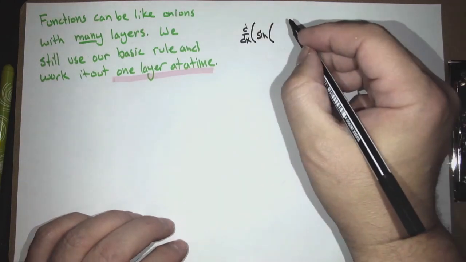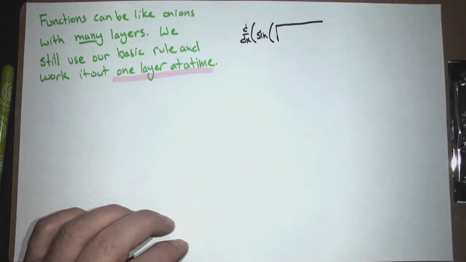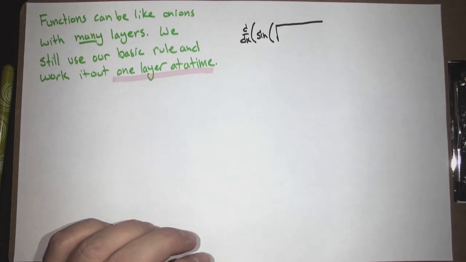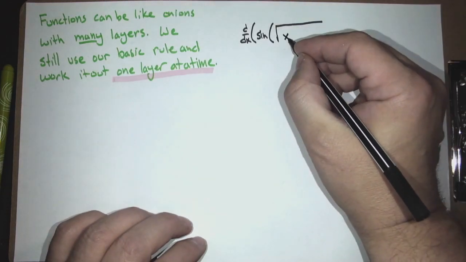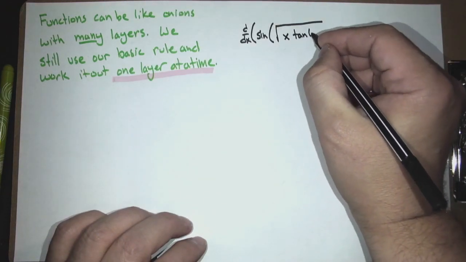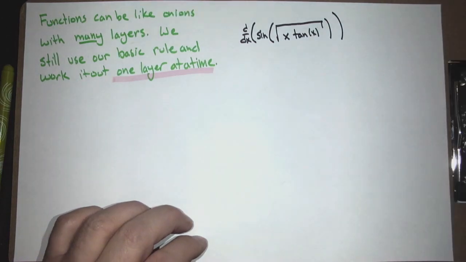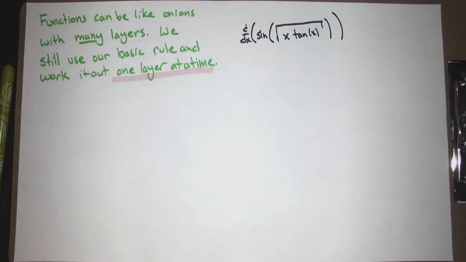Okay, we can have a square root, which is like a polynomial. Sine of the square root of, what's our next layer going to look like? X. Let's throw in a tangent. Why not? It probably wants some company. Is that enough layers? For now, yes. We'll kick it up a notch later.